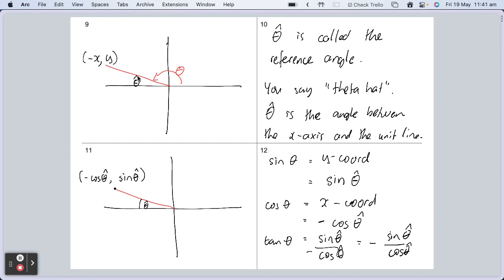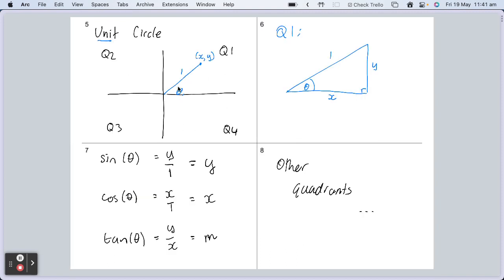Just remember from last lesson, really briefly, that the way we've defined it is by looking at the first quadrant. If I have a hypotenuse of length 1, then the x distance becomes the adjacent of the right-angled triangle, and the opposite side would be the y distance, and therefore at the top here we would have x comma y, and that becomes our coordinate.